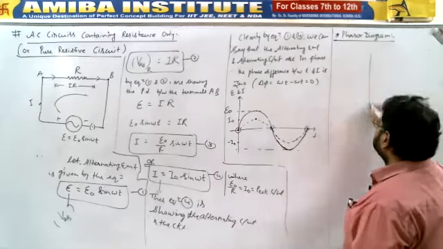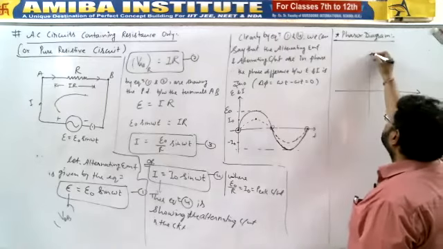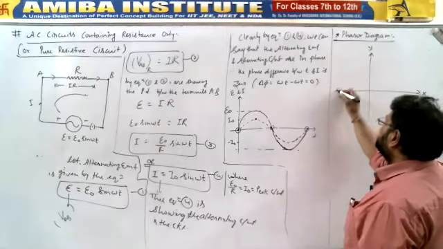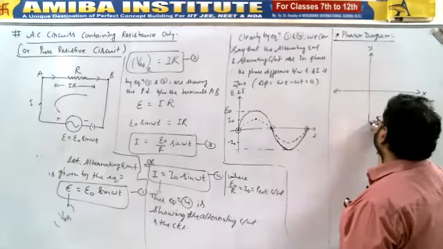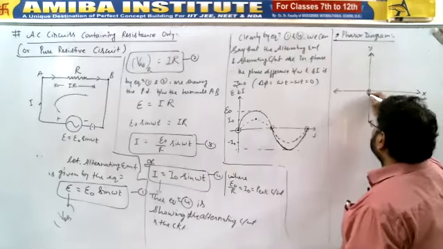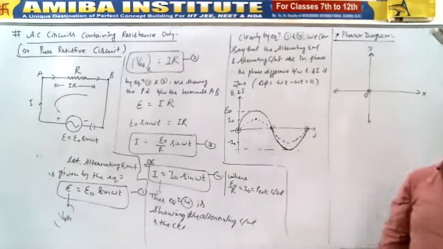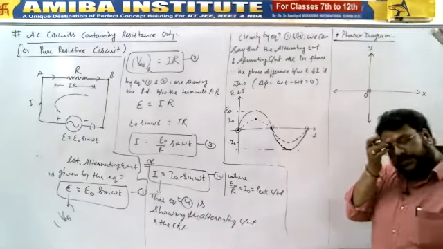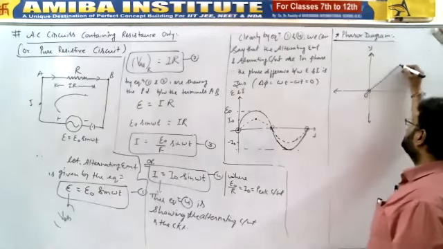So let's suppose this is the xy plane, and since we got the concept to draw the phasor diagram, this is the center, the coordinate origin 0, 0. From the origin we take a rotating vector. Let's suppose this is the rotating vector.